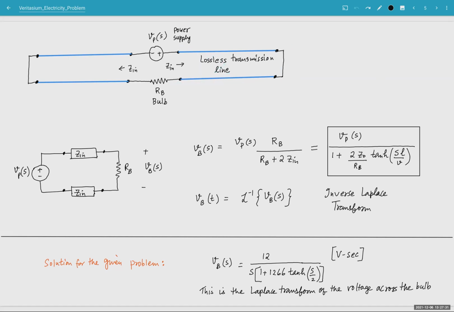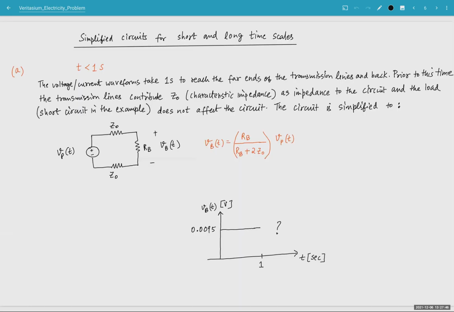What's going to happen for the time scale of less than 1 second? Now, for time scales of much more than 1 second, we'll come to that later. So let's first look at what happens for time scales from 0 to 1 second. So that's the situation described here.